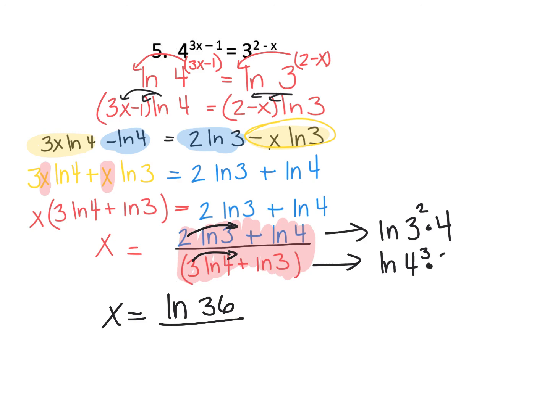That addition would be times 3, since both of those ln's have the same base. So 4 to the third would be 64 times 3 would be 192. Now this one's even easier to type into a calculator, and that is approximately 0.68. Take a second and check your answer, and sure enough, it checks.